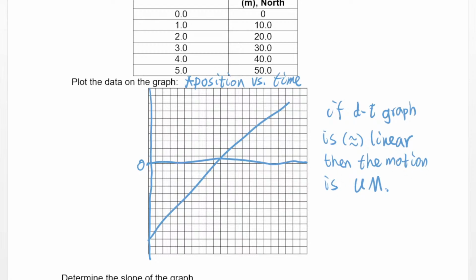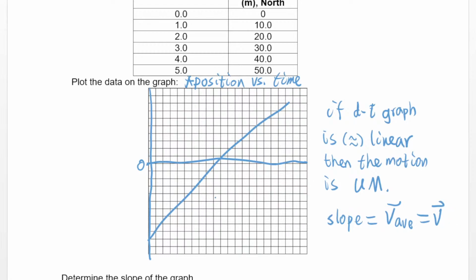That's it. And most importantly, the slope will give us the velocity, well, the average velocity, but since it's uniform motion, it's also the velocity.